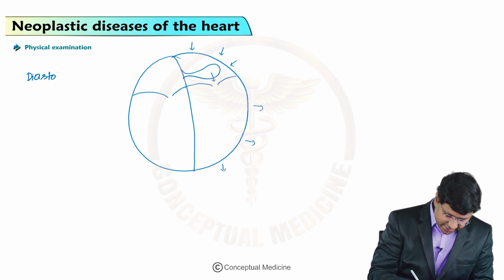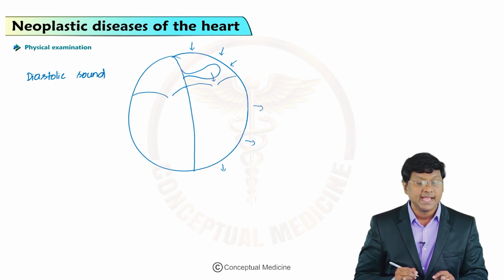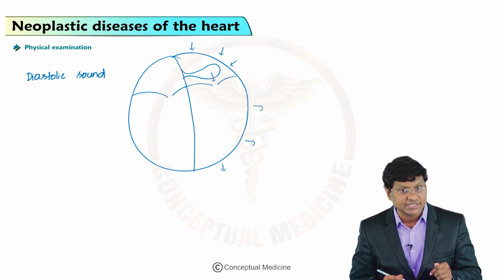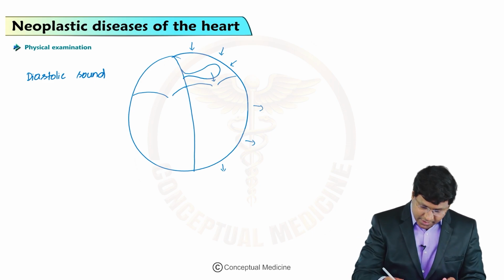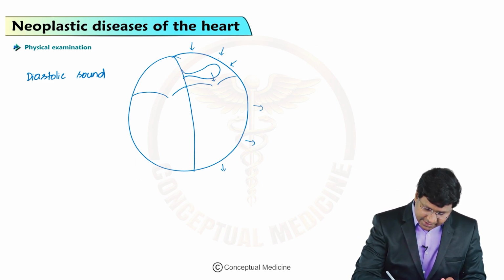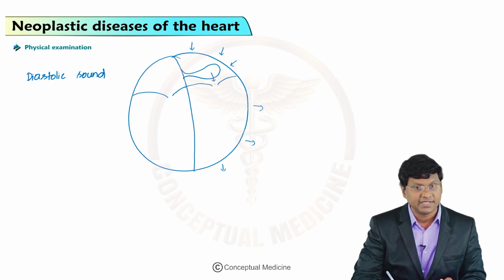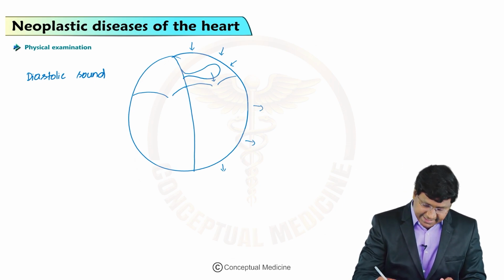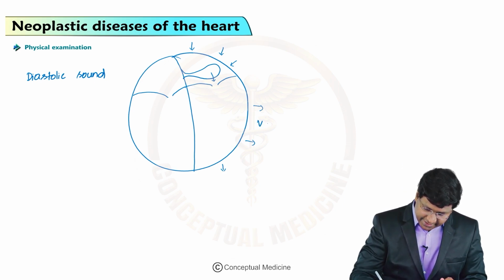A diastolic additional sound. And why am I calling it a diastolic additional sound? Because when the left atrium is contracting, the tumor is hitting the mitral valve leaflets or mitral inflow, and at that moment the ventricle is in the stage of diastole.